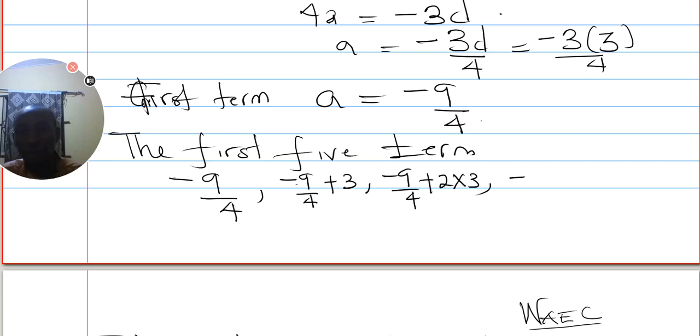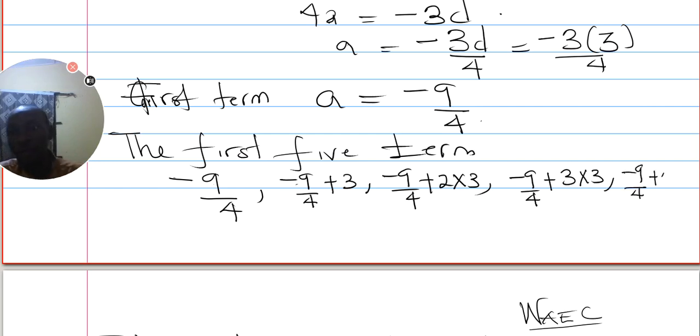The fifth term will be minus 9 over 4 plus 4 times 3. Okay, that's how to do it.